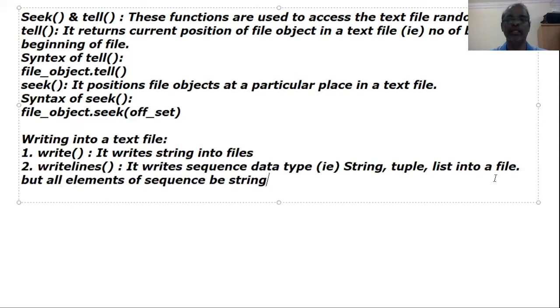To create a text file, first we must open a file in write mode. Already we know very well, W stands for write, so the access mode should be W. After creating a file, we must write some string or sequence into the file with the help of write and writelines. If you want to store one string in your text file, write is enough.